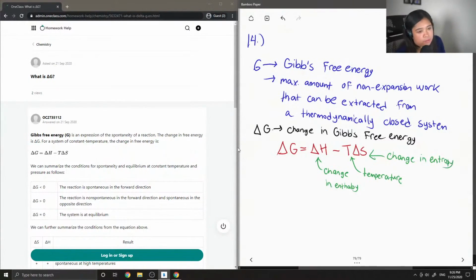Okay, so delta G can also tell us a lot of things about the reaction. So when you get a delta G value that is negative, this tells us that the reaction is spontaneous.